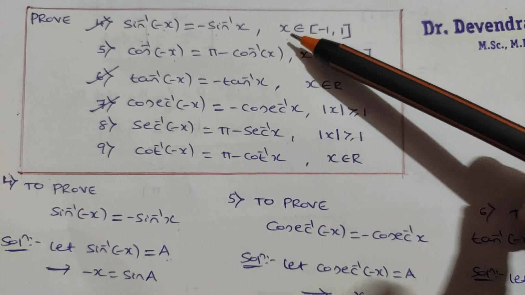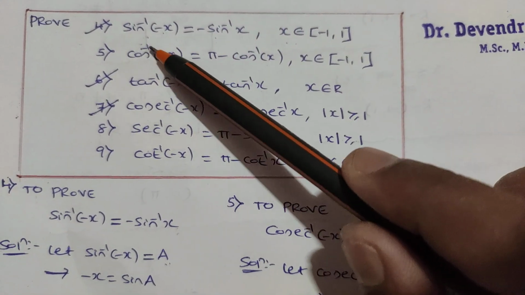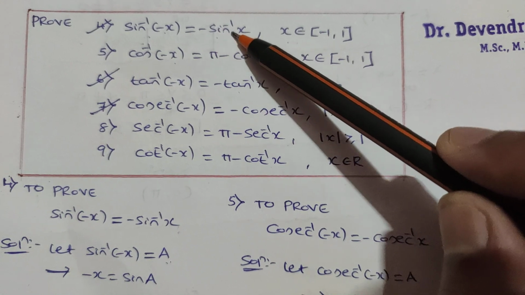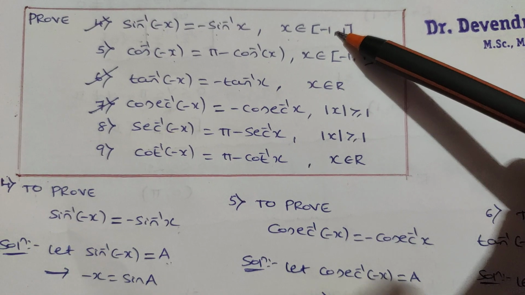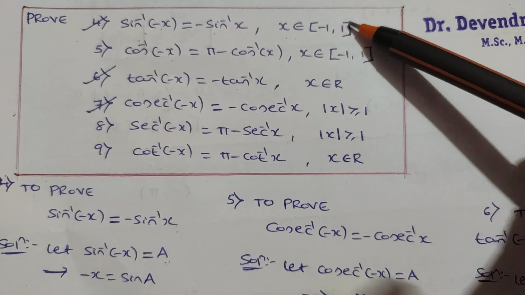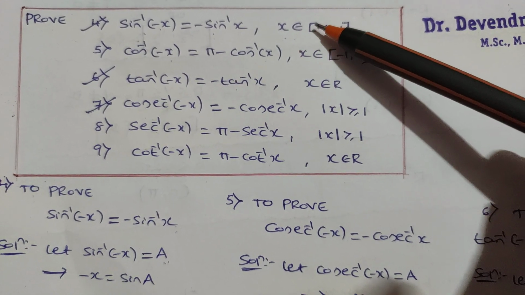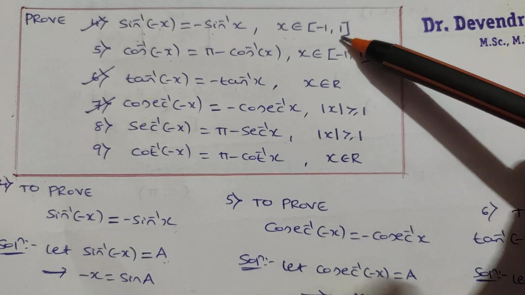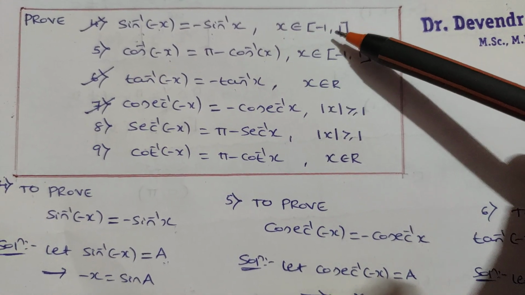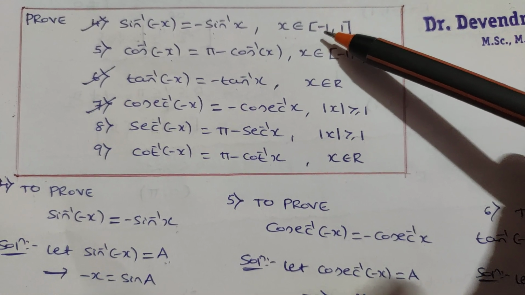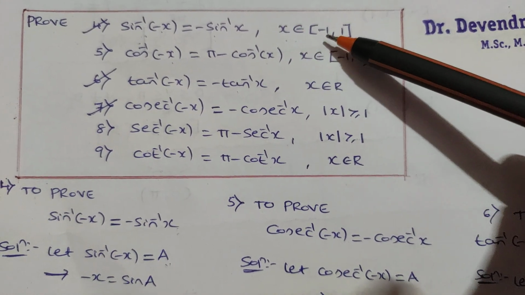Here the condition we need to remember is that whenever we consider sin inverse of minus x is equal to minus sin inverse of x, the principal value must lie in the required range. That is, the value of x must lie between minus 1 and 1. That is the meaning of the conditions given here.